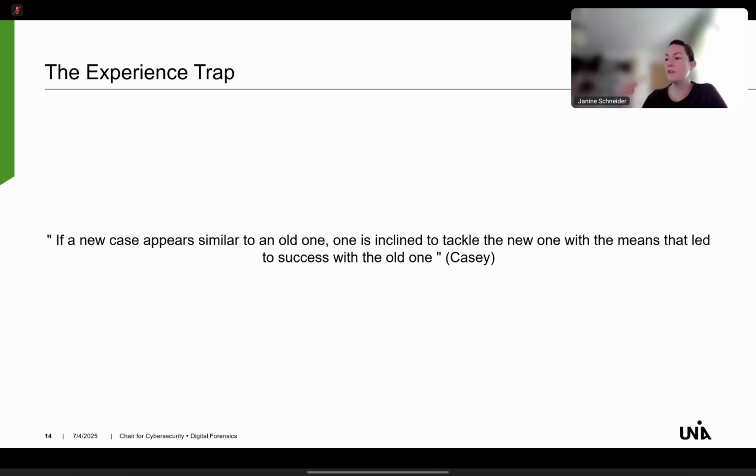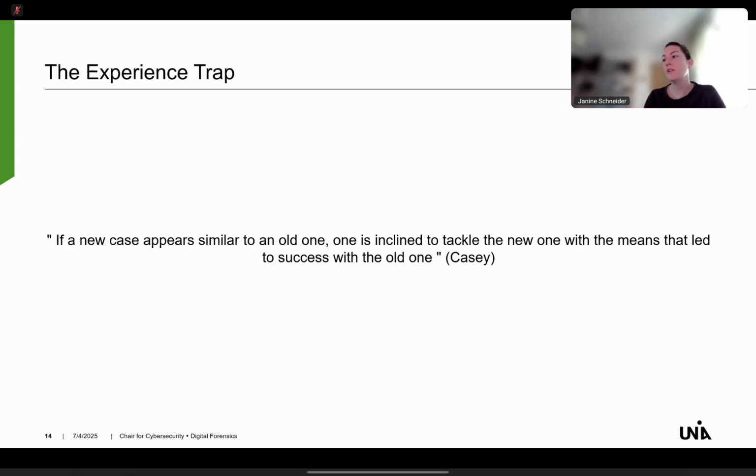We come into a situation, we manage the situation, we learn something about it, and then next time we know how to behave. But for investigators, it's difficult because they have to be objective every time anew.